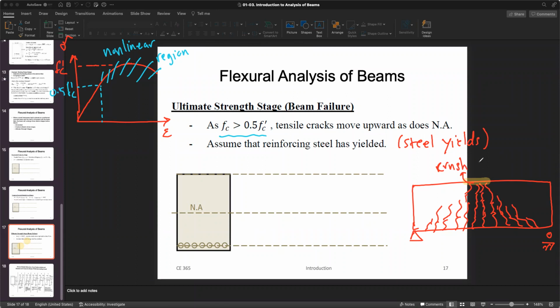Crush the compression concrete. That would be how the concrete fails. Your cracks reach that high, reaching the top surface, or in other words the compression concrete, and crush that. Now the concrete fails, and the whole structure will fail.